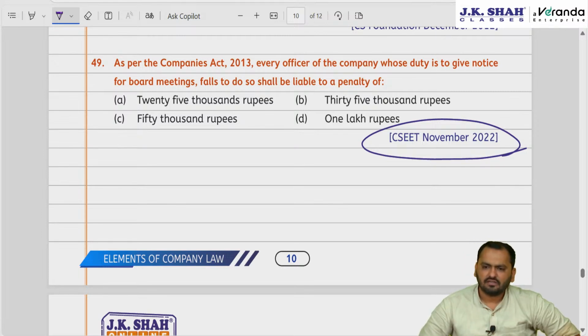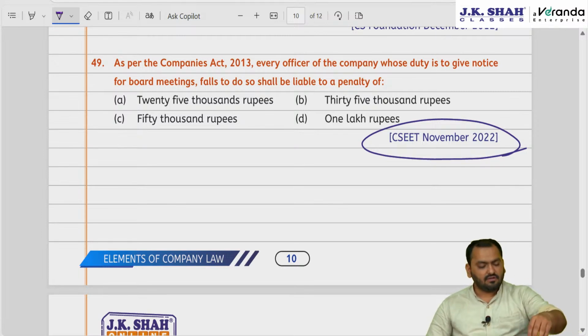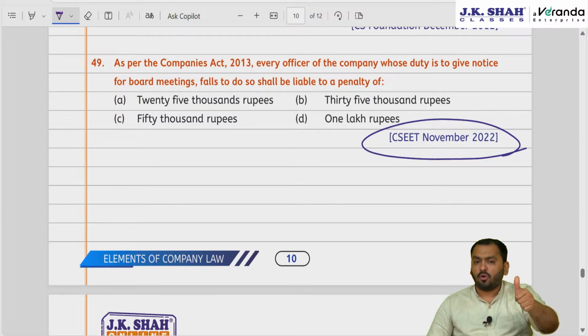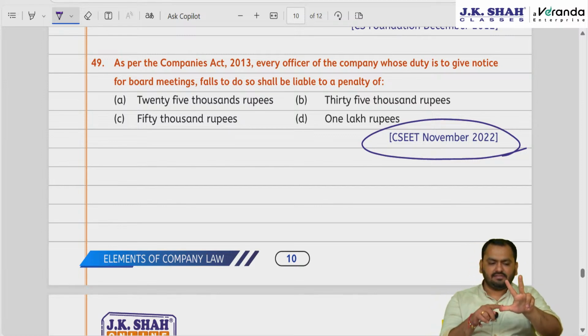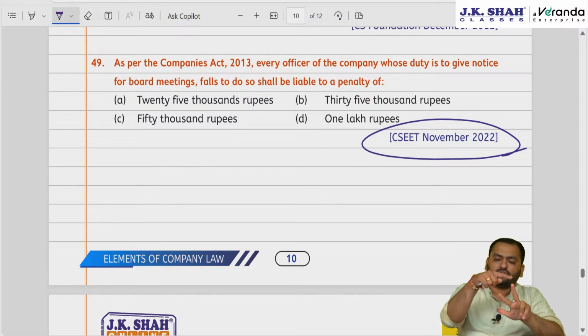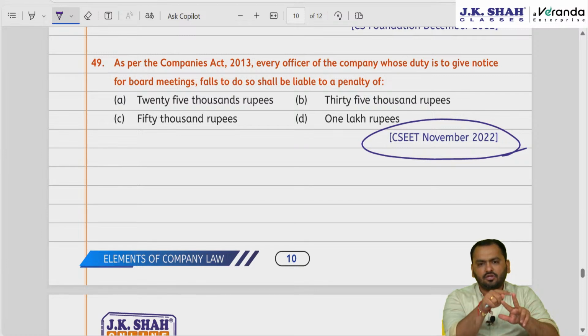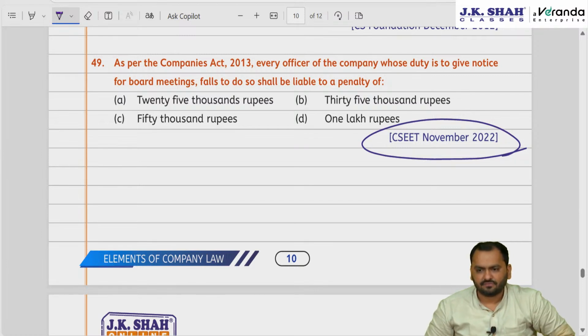Right? So who is that person who is duty bound to send the notice of board meeting, to send that invitation? So answer is, the person who is duty bound to send the notice of board meeting is CS or director or person authorized by the board of directors. Any one of them can send the notice of board meeting to the board of directors.